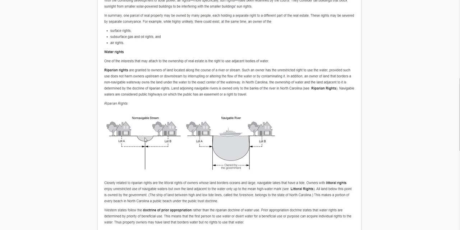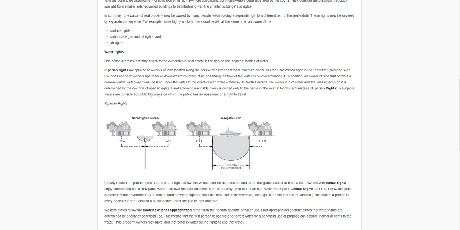Hmm. Wait, hold on. What do you mean non navigable? Close the land under the water to the exact center. Oh.